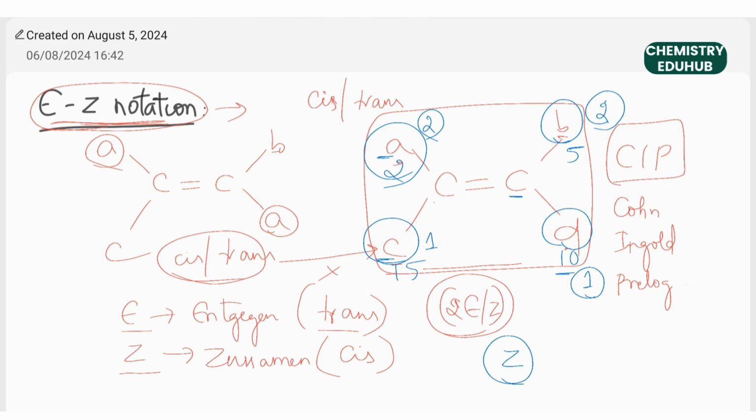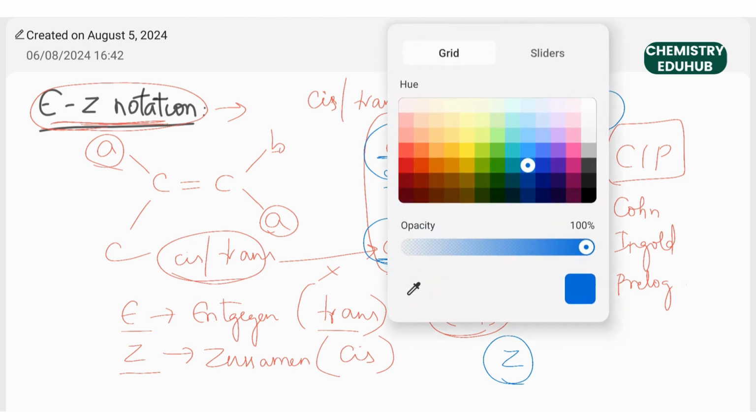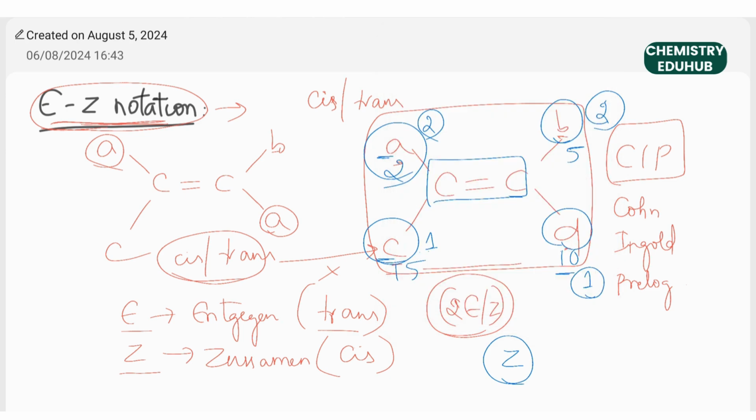So around the double bond, if same priority groups are on the same side, then it is called cis isomer or Z isomer. So this configuration is Z because same priority groups are on the same side. So this is Z-butene, or according to the name of the compound we need to write it.